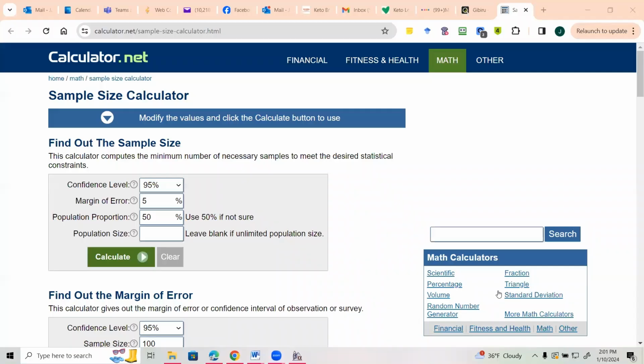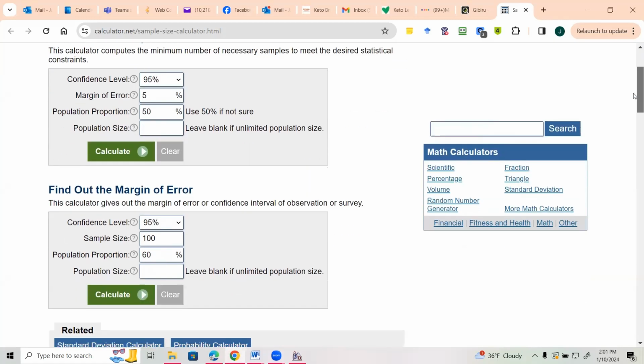So let's look at a couple others because I want to show you some of the important differences here. Let's look at this one. Now do you see this one? This is the sample size calculator from calculator.net.